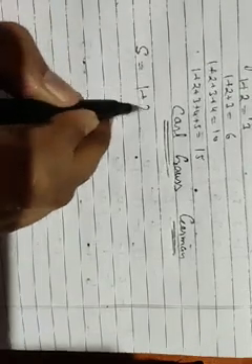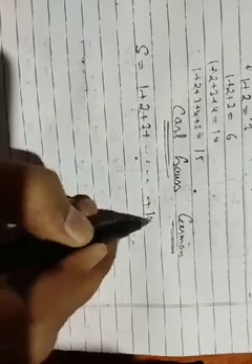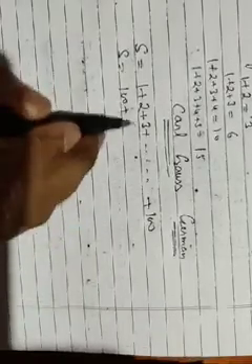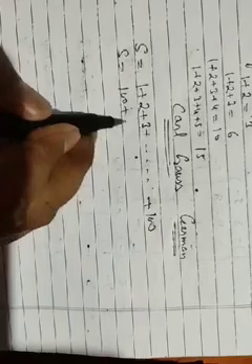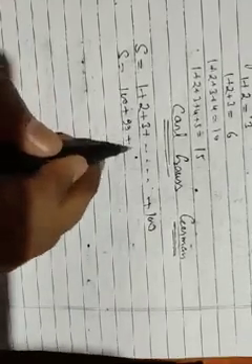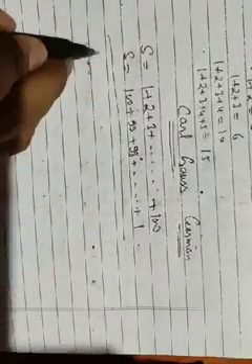What did he do? He just wrote down S equal to 1 plus 2 plus 3 plus and so on, and again wrote down the sum, writing the series in reverse, 100 plus 99 plus 98, and then added them.